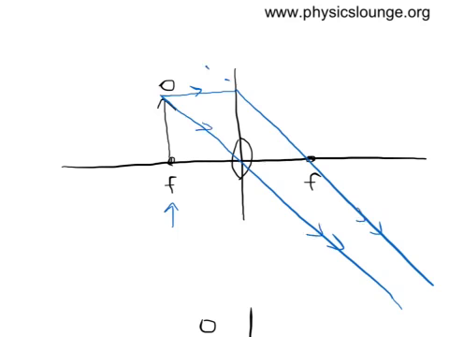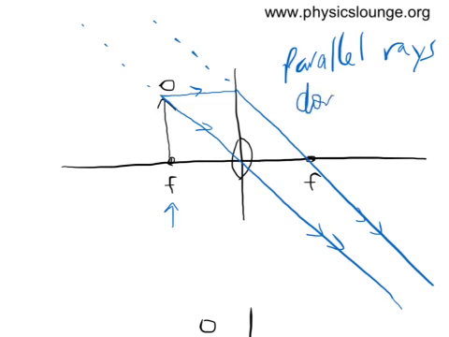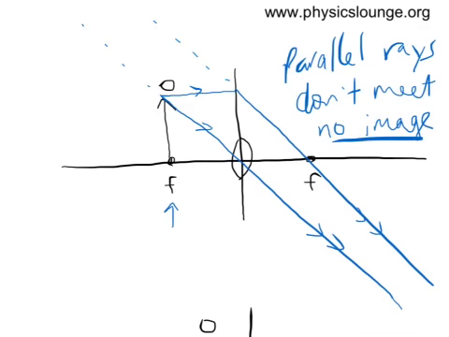Even if you go dot dot dot backwards, they are parallel. So parallel rays, as we saw from the concave mirror, don't meet, and they don't even appear to come from a point, therefore there is no image.